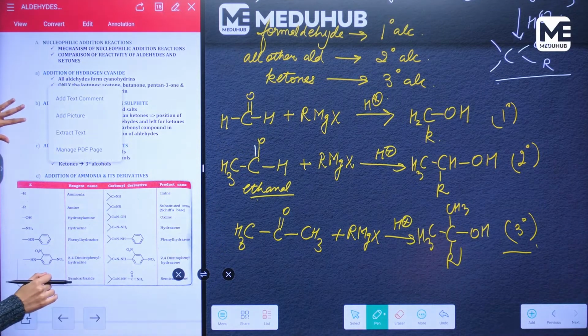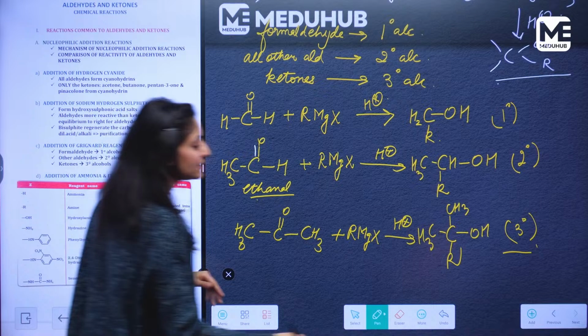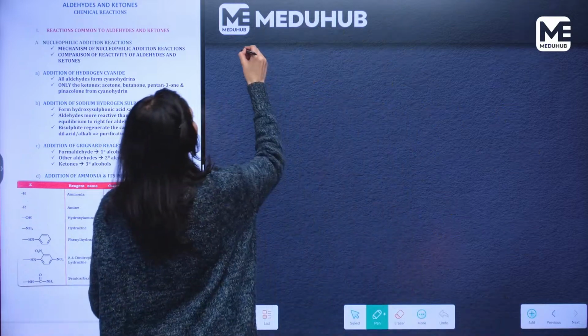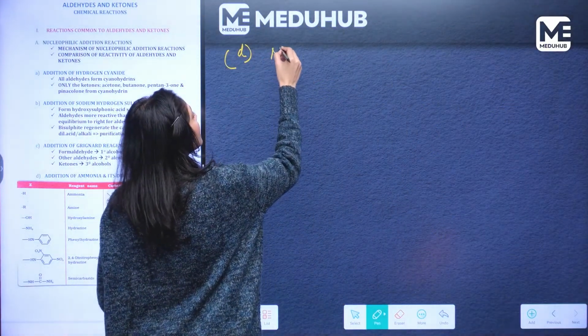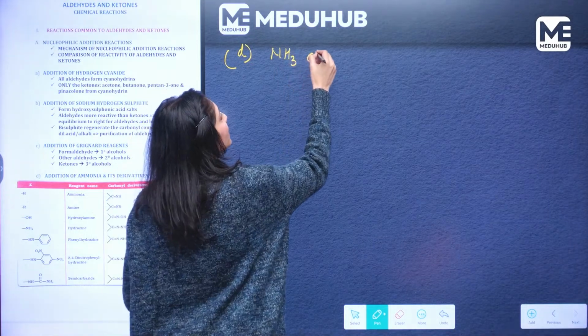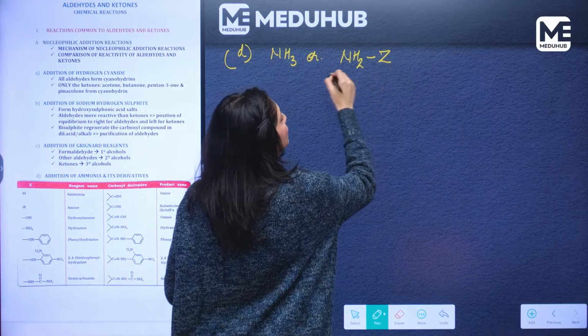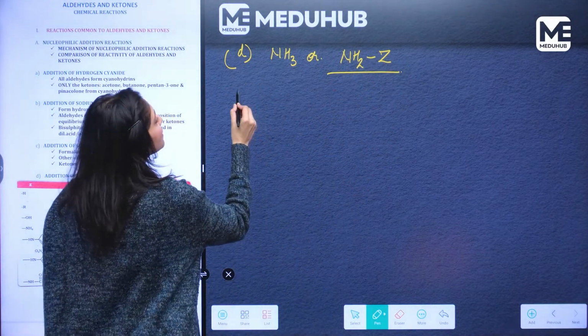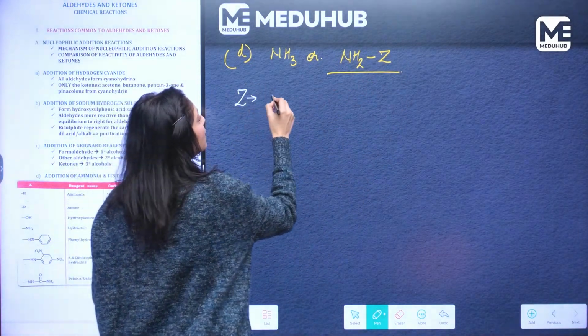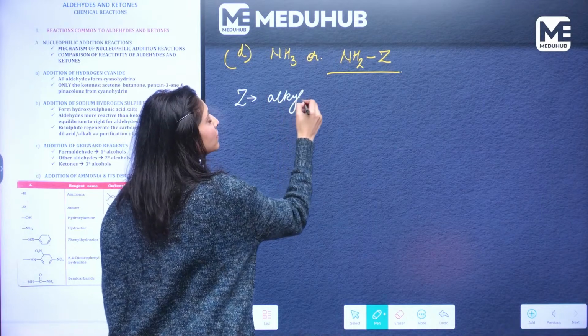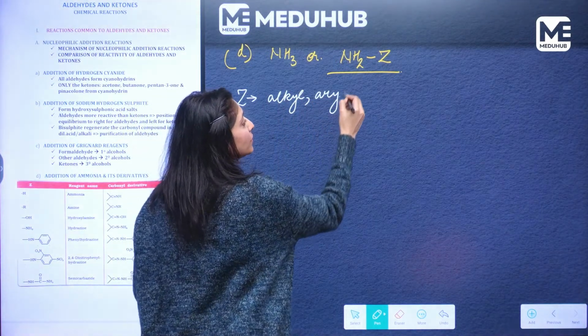Next very important category is addition of ammonia and its derivatives. NH3 or its derivatives, which can be written as NH2Z. So in this case, this Z can be an alkyl group, an aryl group.